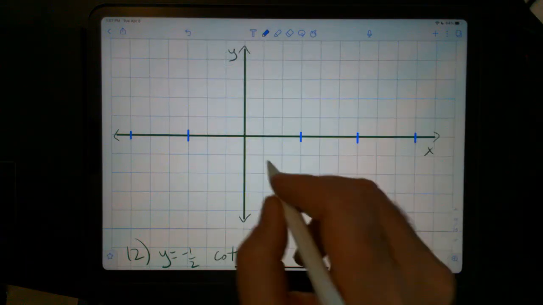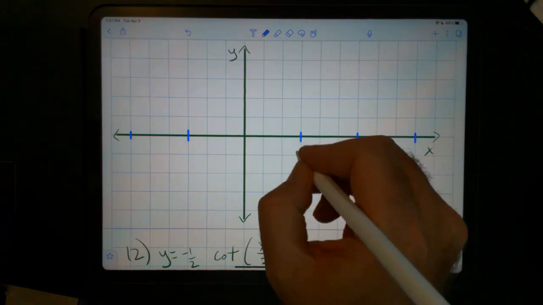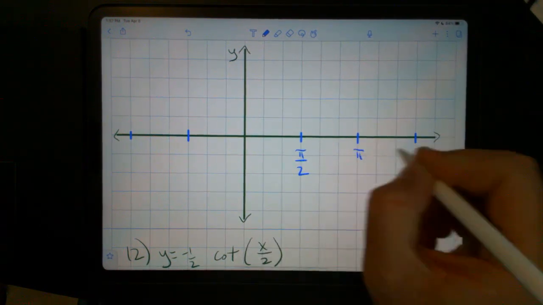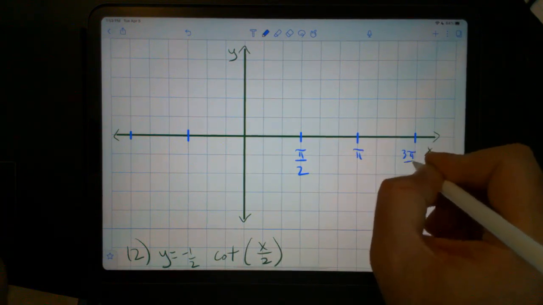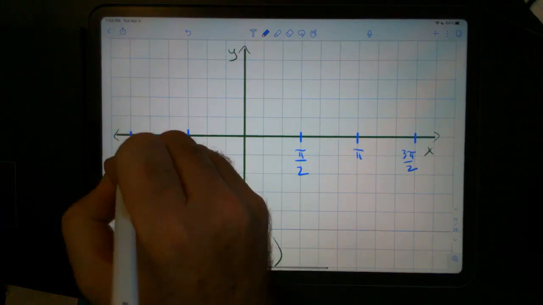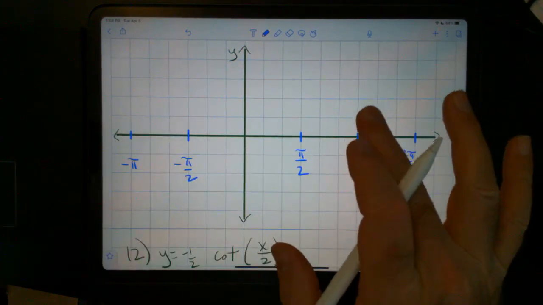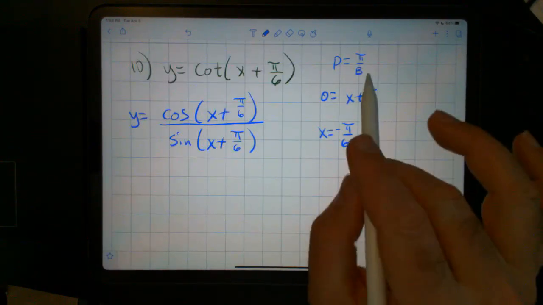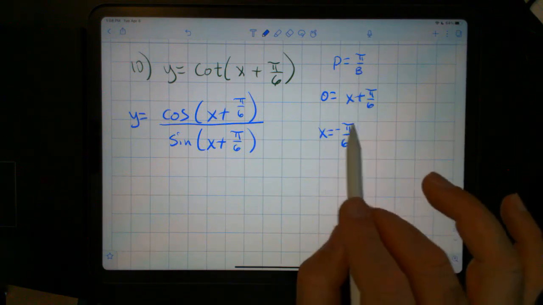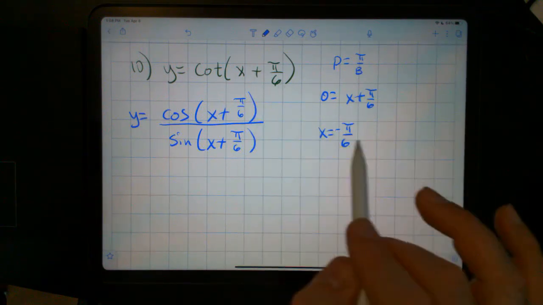So let's label this. Since the period is pi and you have an asymptote at negative pi over 6, that's your phase shift.